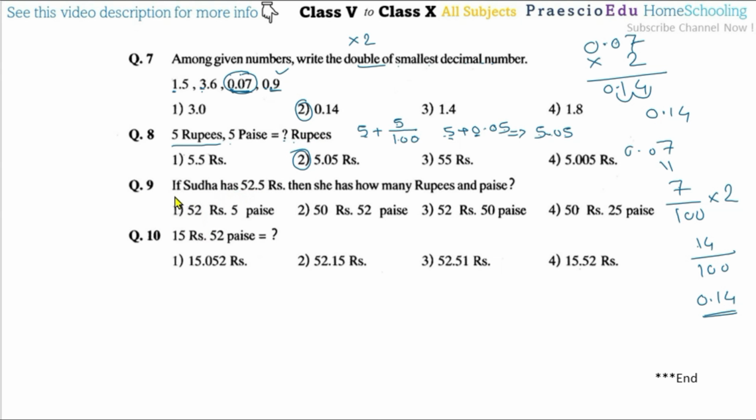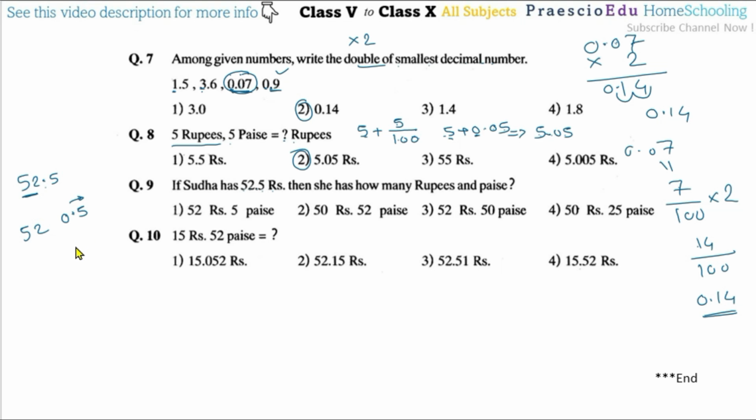Now question number 9, if Sudha has 52.5 rupees, then how many rupees and paise does she have? Now 52.5, we can separate this into rupees and paise. So this 52 is a complete integer, which means this is in rupees, and this 0.5, the right side of the decimal, we can convert into paise.